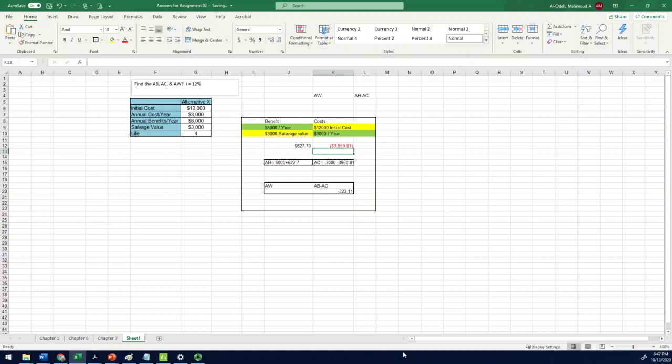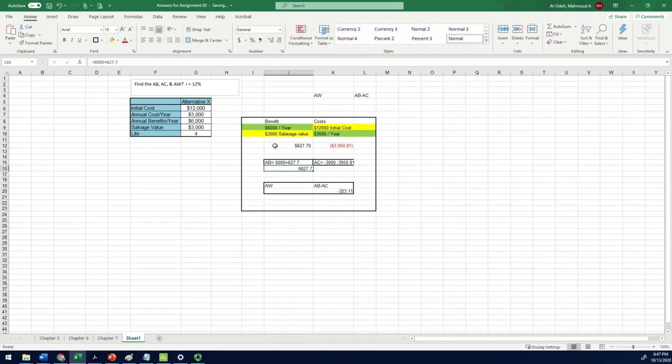Now you're adding these costs together: 3,950 plus the 3,000 will give you about 6,950 for the annual cost. So now we have separated the annual benefit from the annual cost. The annual benefit is equal to the 6,000 plus the 627.7.